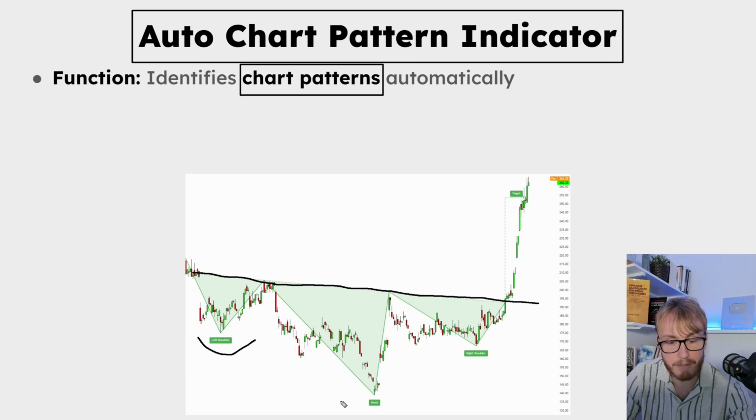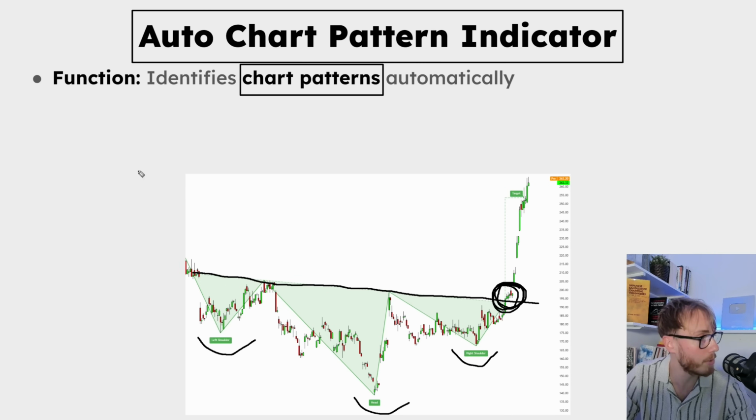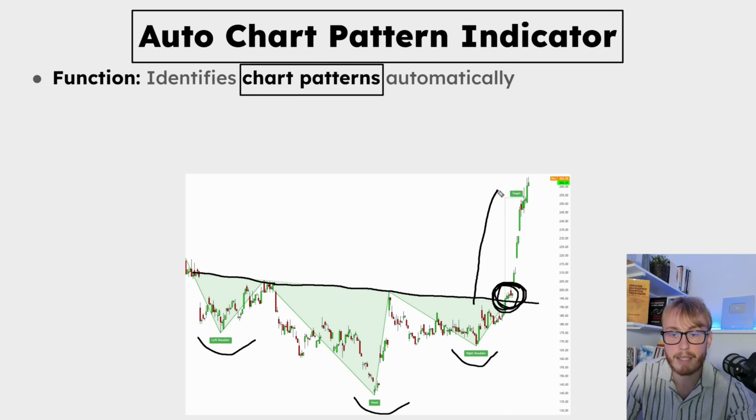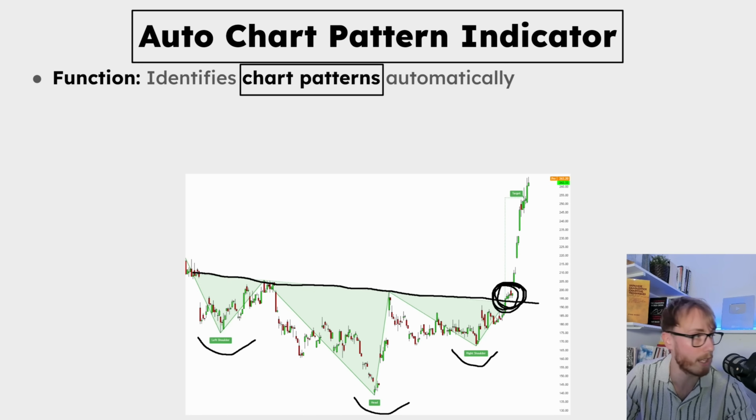You can see we have a left shoulder, we have a head, we have a right shoulder, and when the price broke out from this pattern, look at what happened to the price. The price immediately shot up. And what you also can see here is that this indicator automatically detects target levels as well. So this right here is a very useful indicator.